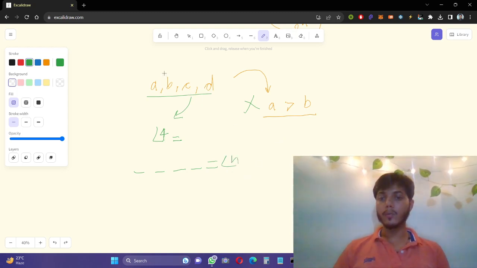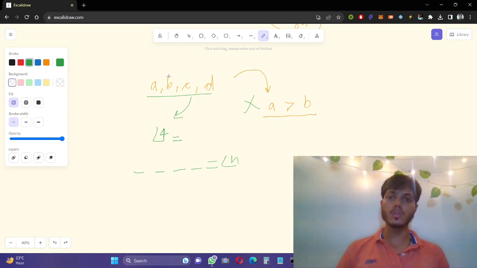And we also know if we are giving just one constraint that all the A needs to come before B, we need to divide it by 2. This is what we studied in permutation and combination, class 11th.